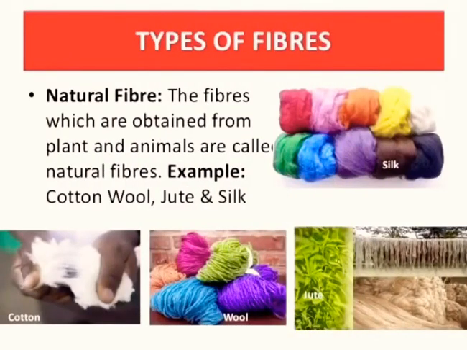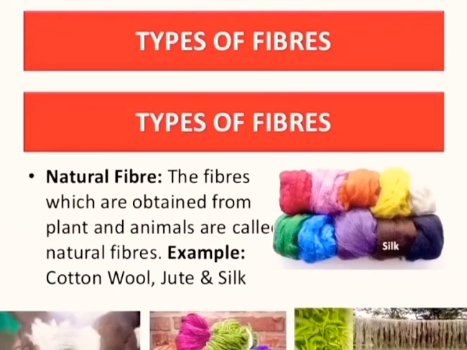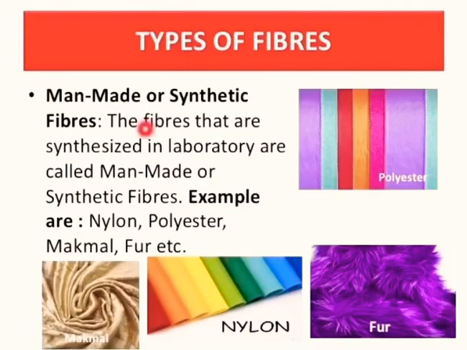First of all, natural fiber. The fibers which are obtained from plants and animals are called natural fibers. For example, cotton, wool, silk, jute. These pictures are showing some. This is cotton, this is wool, this is jute, and this one is silk. Man-made or synthetic fibers are the fibers that are synthesized in a laboratory.